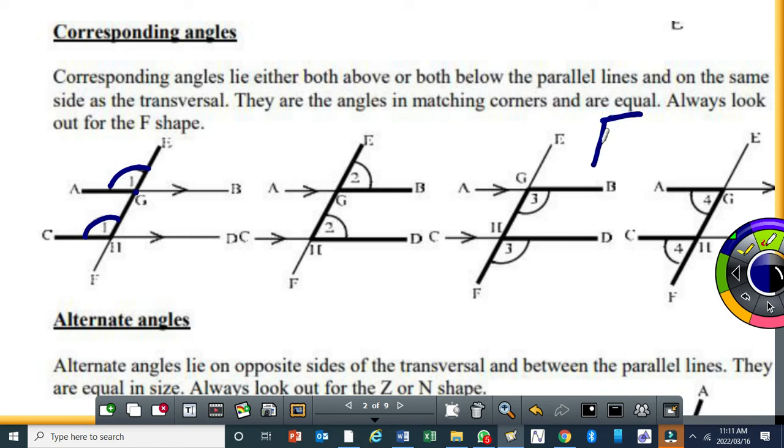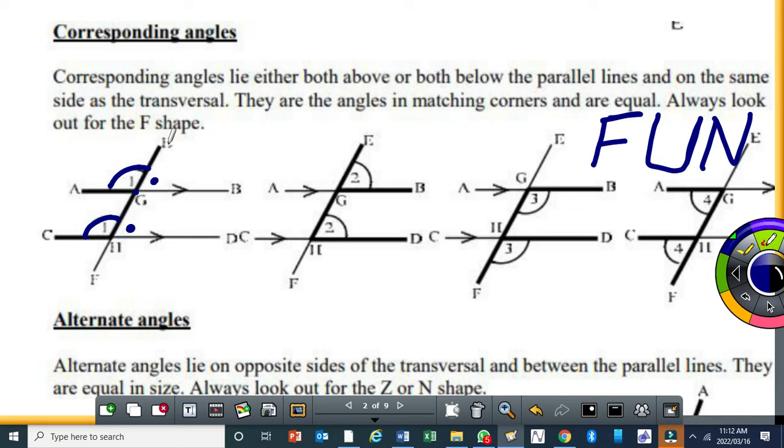Furthermore, as a way of remembering this, you were taught the word F. Remember, the word fan. The F is for corresponding angles. It can be upside down like this one here, or like that one there, but this is the original F, it can also be like that. Also, this angle here is equal to that angle.